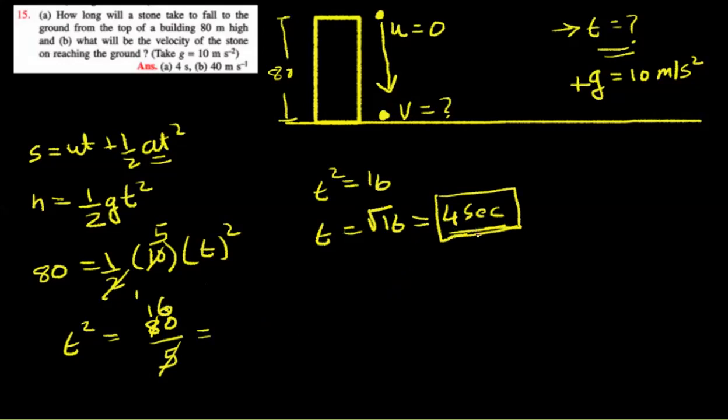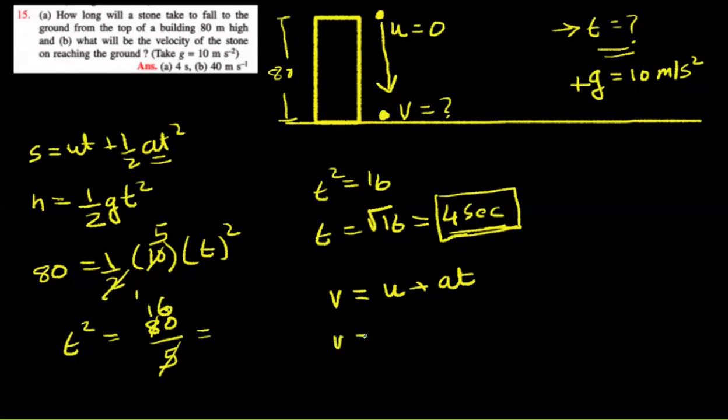So now we have the time. Let's look at the second part, where we have to find the final velocity of the stone before it touches the ground. So let's find v. We can use our simple formula: v equals u plus at.